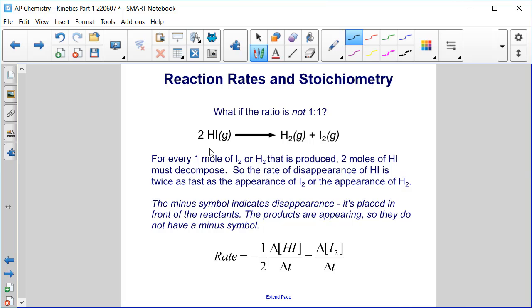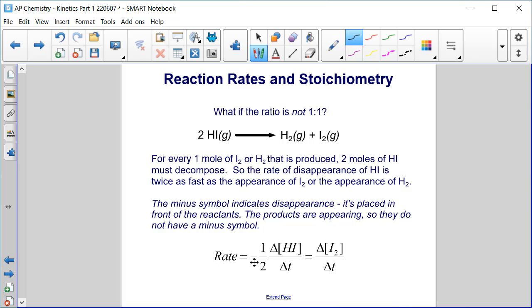So the rate of disappearance of HI will happen twice as fast as the appearance of either I2 or H2. So how does this look in our rate equation?